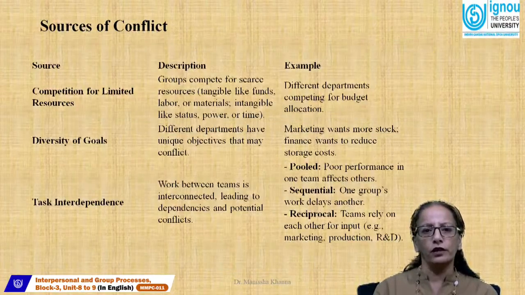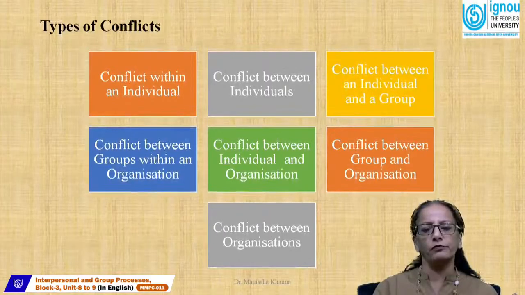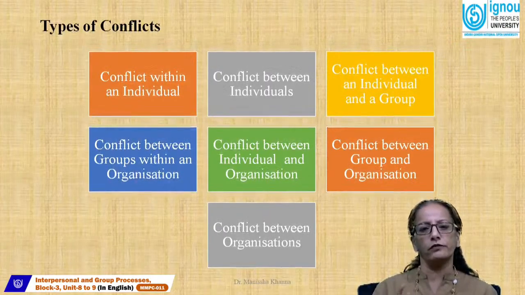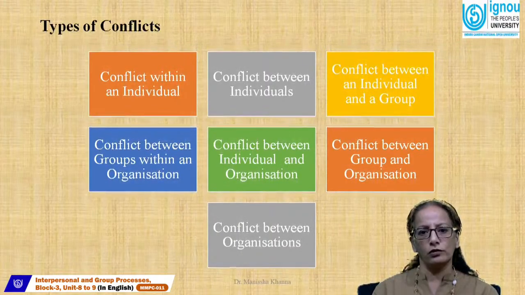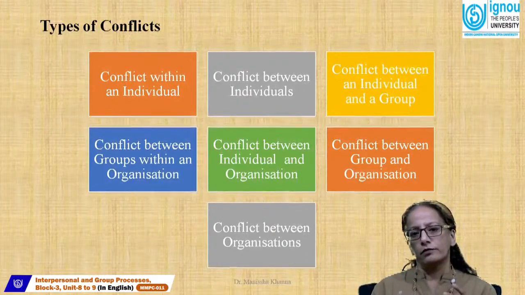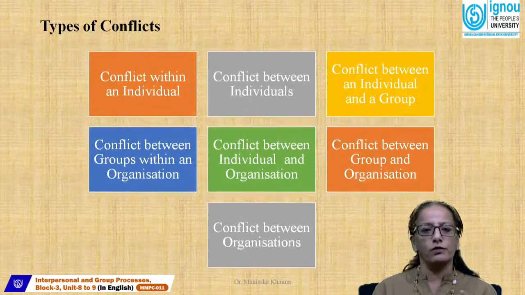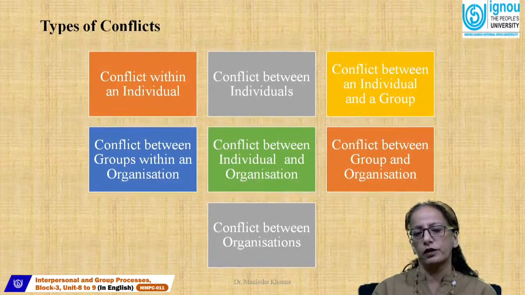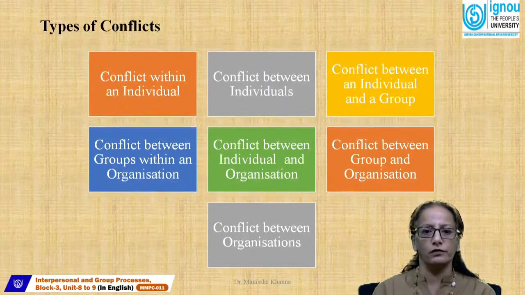So there are different levels of conflict, from within an individual to the organization level. For example, a person really suffers, sometimes it comes out of anxiety or some behavior changes, so that is within an individual.